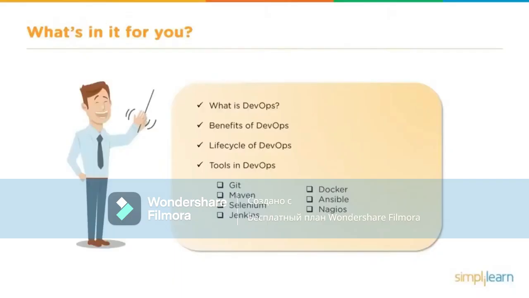So let's go through some of the benefits of why you'd want to use DevOps. Essentially, what's in it for you? Over the next few slides, we're going to go through what is DevOps and the benefits of DevOps along with the life cycle. But we're also going to start digging into the tools that are useful for DevOps.